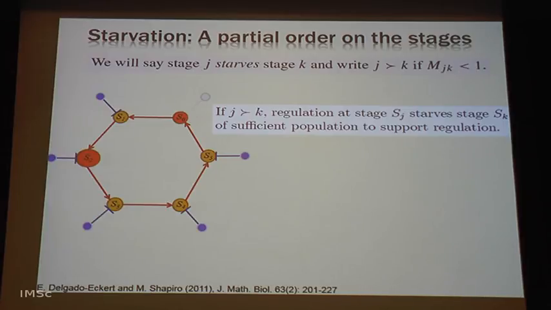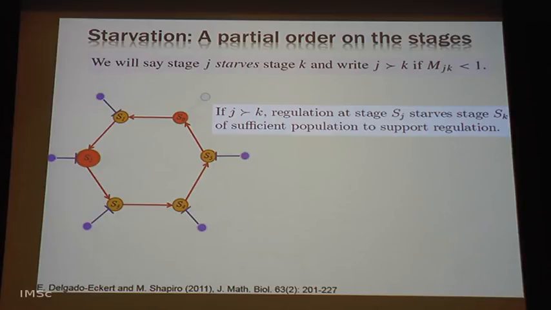And so you're probably asking yourself, why am I calling this starving? The reason is essentially that because the production of a given stage depends on the previous stages, it turns out that you have those big guys, and these big guys will determine how big the population of the smaller guys will be.